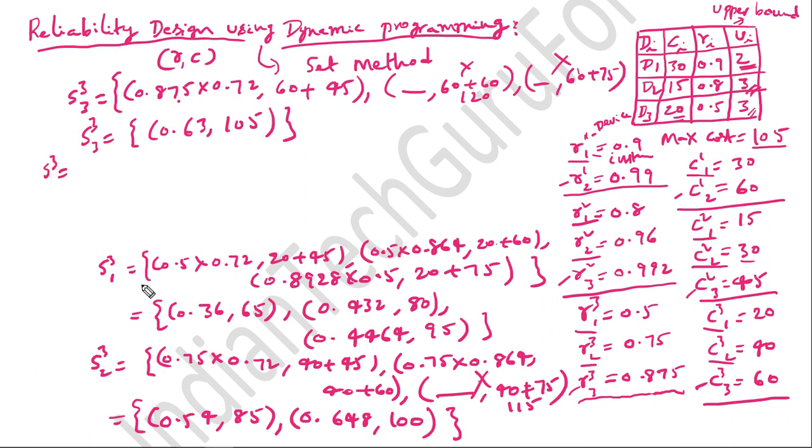S power 3 is equal to S power 3 suffix 1 values. First of all, they are 0.36 comma 65, this one first ordered pair, and comma 0.432 comma 80, this value, and then 0.4464 comma 95, this tuple, comma, and for S power 3 suffix 2, there are two ordered pairs, 0.54 comma 85 and 0.648 comma 100.